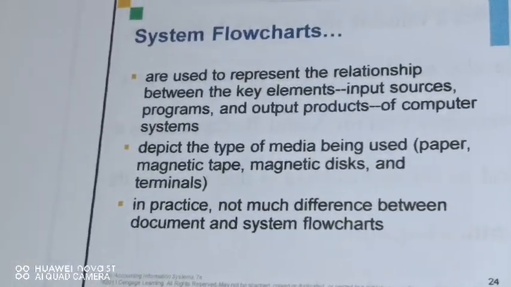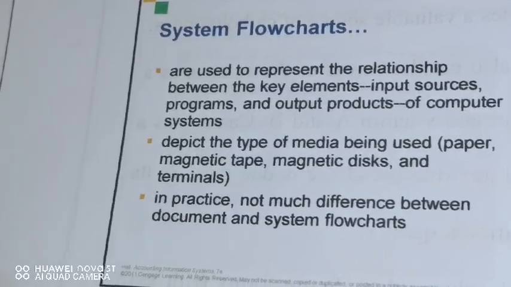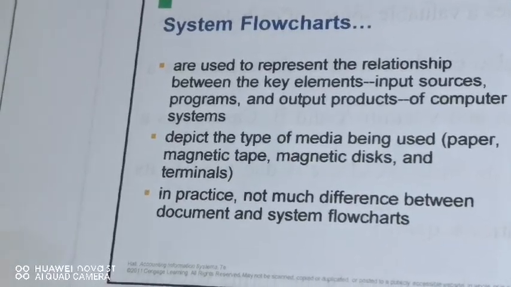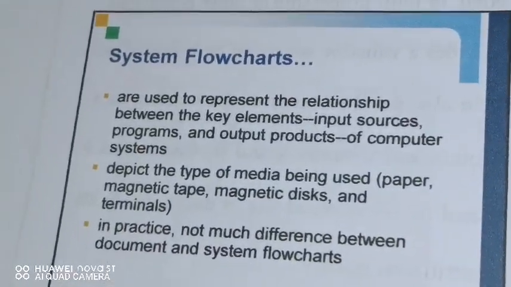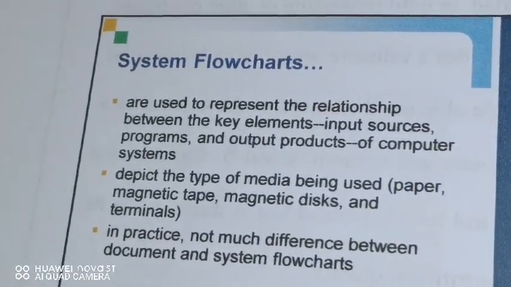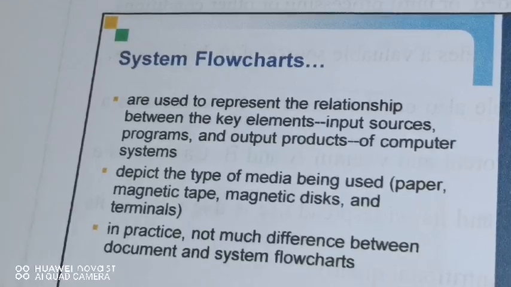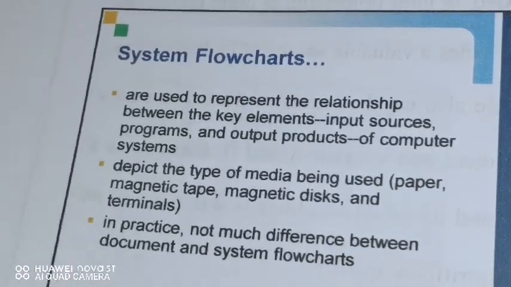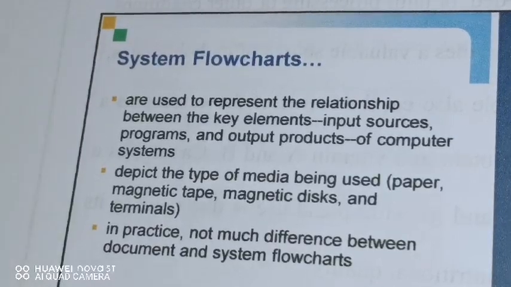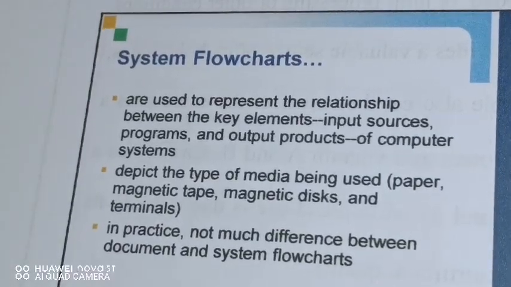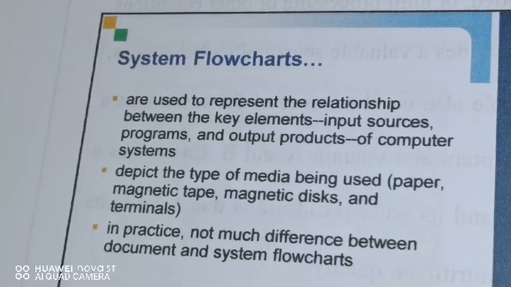Okay. System flow charts, so they are used to represent the relationship between the key elements, which is the input sources, programs, output products of computer system. So ito, kanina kasi manual yung tiningnan natin. Here, computer system na tayo. Okay, depict the type of media being used.